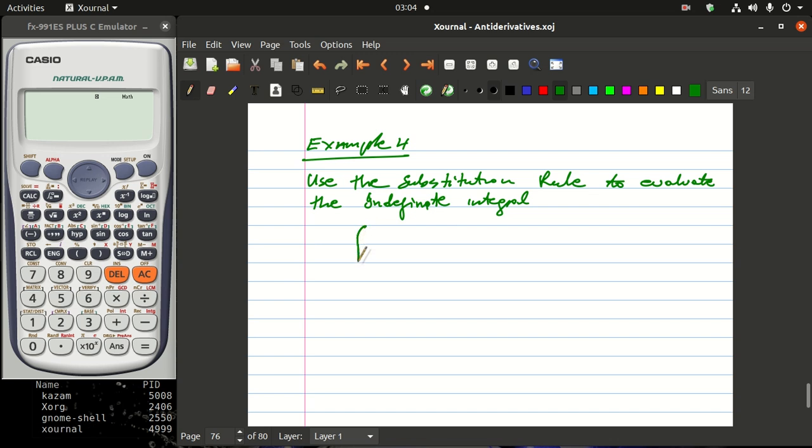So we have this integral: the natural log of x divided by x dx.